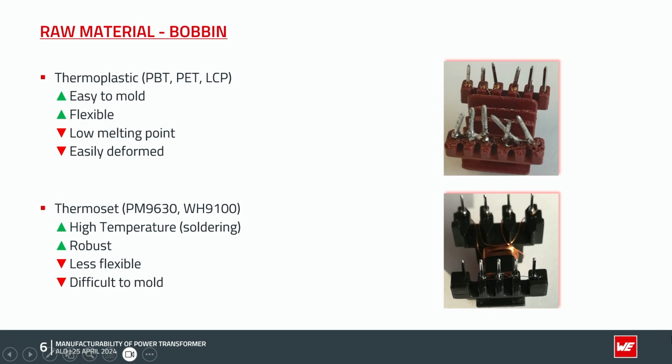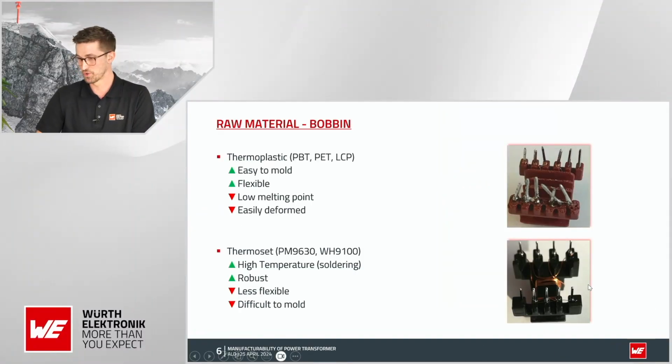Thermoplastic is cheaper than thermoset, but due to its lower melting point, heat damage can occur while soldering, as we can see in the picture. If the parts will go through a reflow oven, like surface-mounted parts, thermoset must be used, and this is the main reason why it's the most used plastic material for the bobbins.